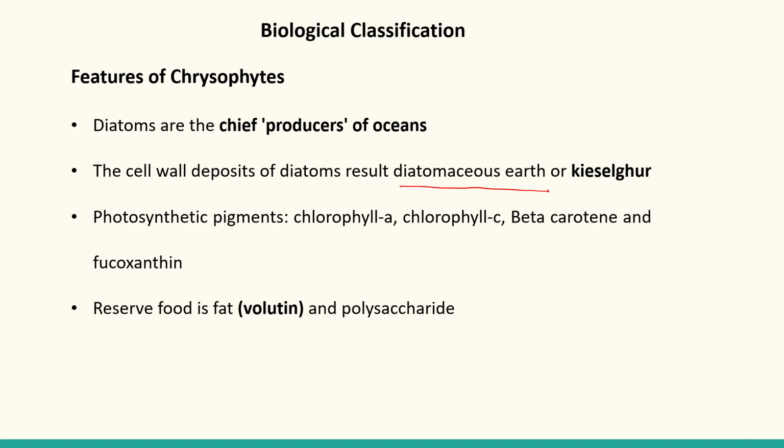That forms diatomaceous earth. Photosynthetic pigments: chlorophyll A, chlorophyll C, beta carotene and fucoxanthin are present, and reserve food is in the form of fat, that is volutin, and polysaccharides.